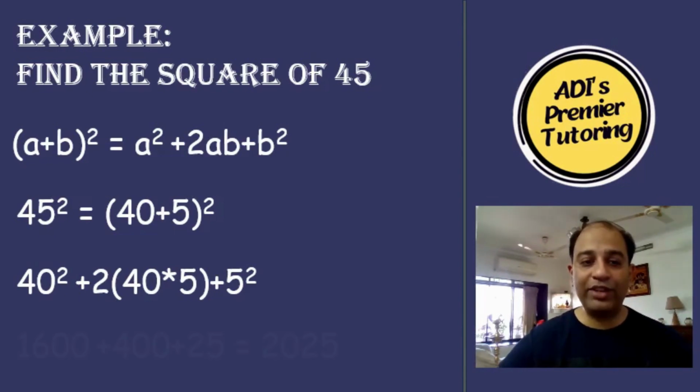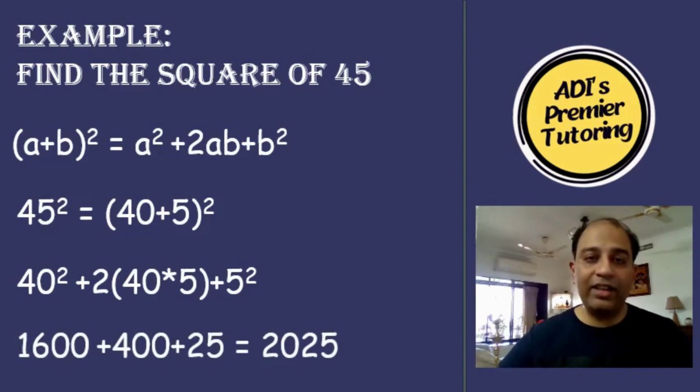Thus, the answer is 2025. However, you should see that since there is a 0 over here, when we are squaring the number 40, we're going to get 1600. So there are two zeros at the end. And the 5 square over here is 25. So if we put this 25 over here, we are just skipping one step, which makes our life much easier. Thus, this is the secret of the simple and quick calculations which we saw in the first example.